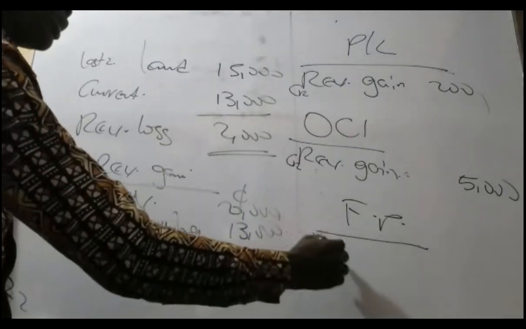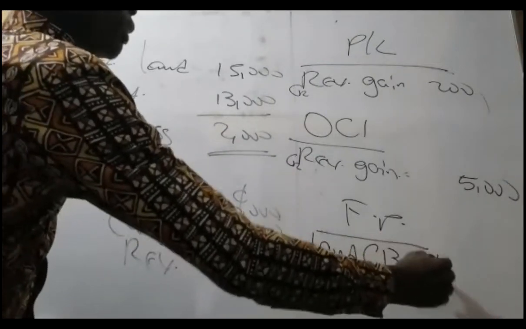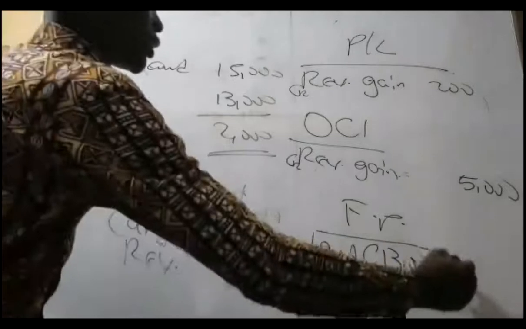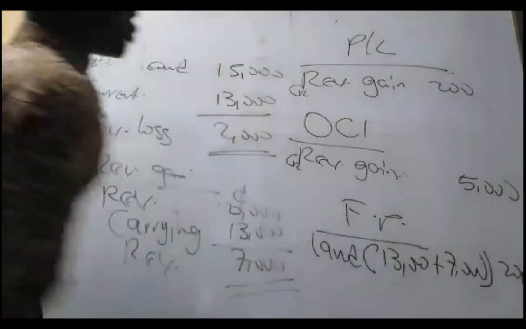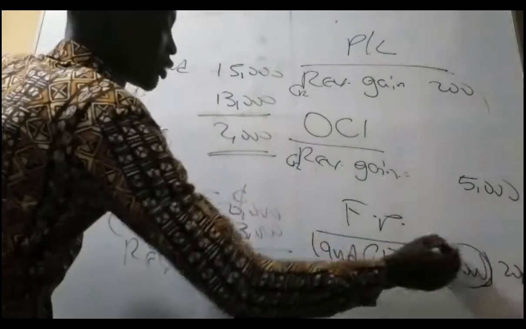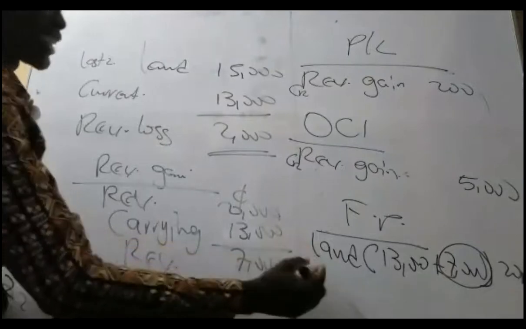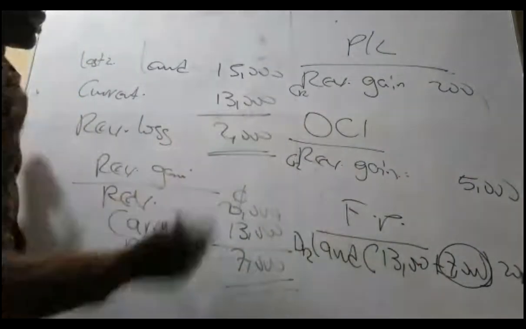It was land. We said the carrying amount of 13,000 plus the gain of 7,000 gets back to 20,000. So in short, 7,000 must be added to the asset value. That's the debit. So this is the debit section. This is the credit. Then you are done.